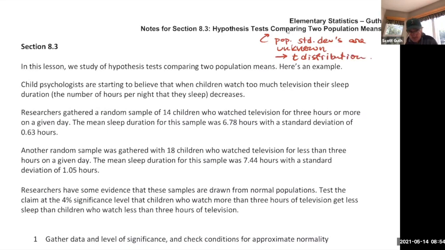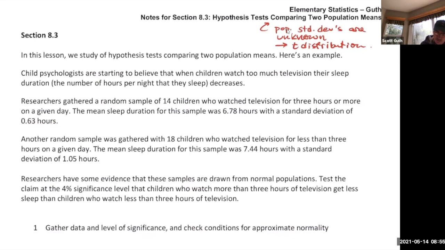Okay. Any questions about that? Okay, so otherwise, we already know what the test statistic will look like. We set it up as a Z statistic in section 8.1, but we'll call it T and replace with the two sample standard deviations in there. Let's go ahead and jump on into the problem.